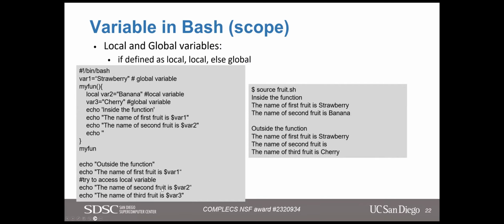Then we try to echo the two variables that were inside the function. Outside the function, we still get strawberry because that was global, but the second fruit is going to be blank because it's ill-defined. Because we're outside the function, it doesn't have any knowledge of what that's supposed to be. And the third fruit, because it was global within the function, is global outside the function as well.